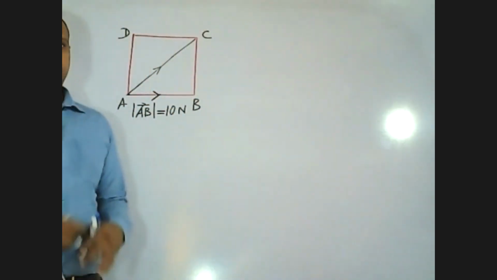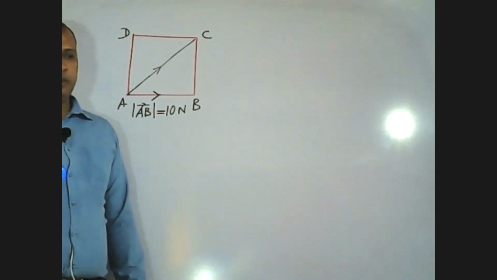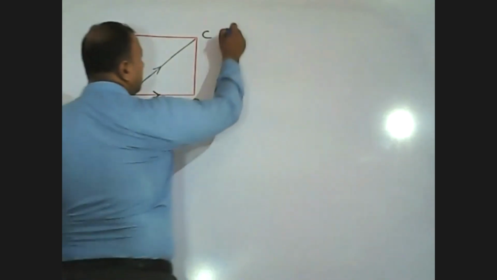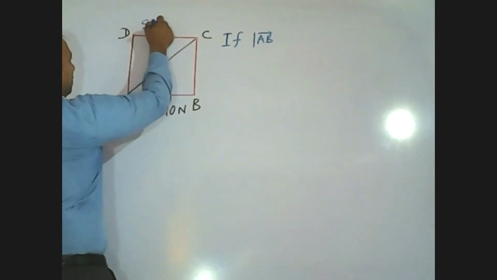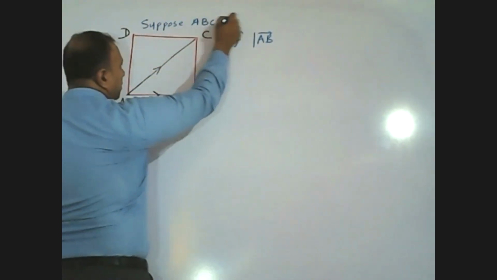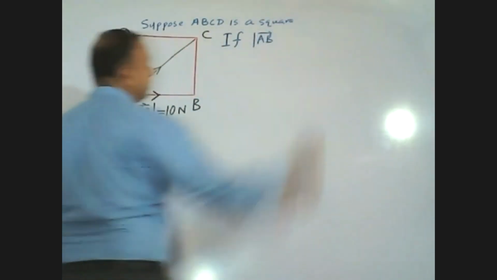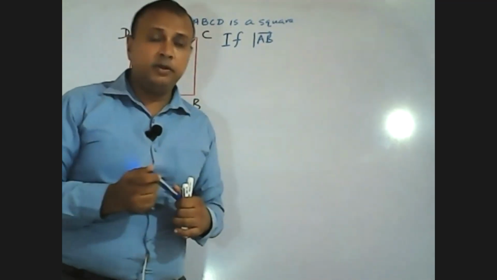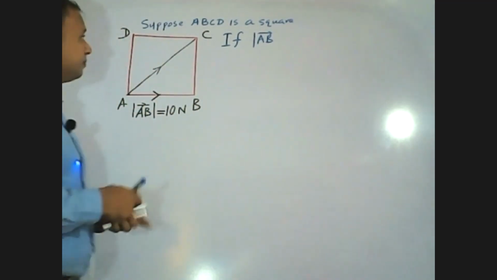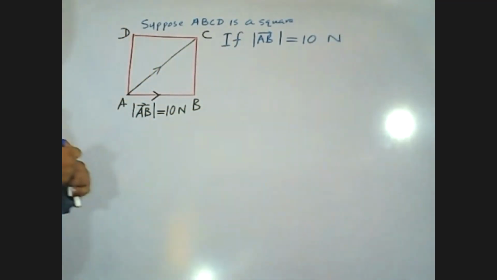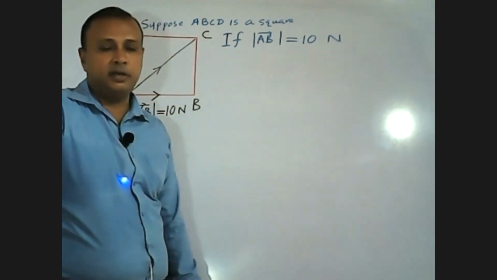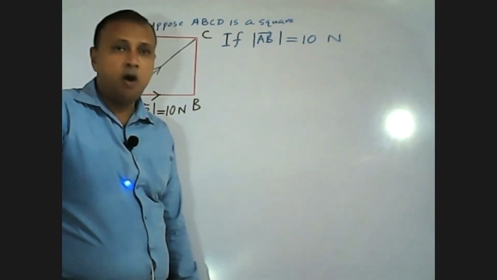The magnitude of a vector can be represented by the length of a line segment.